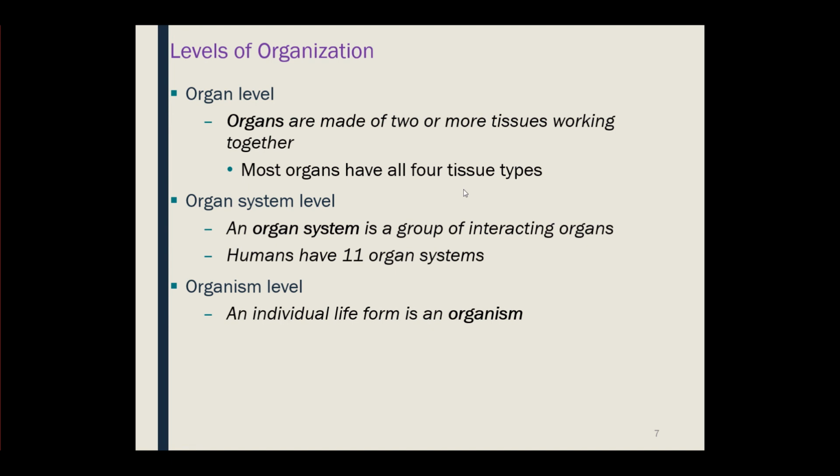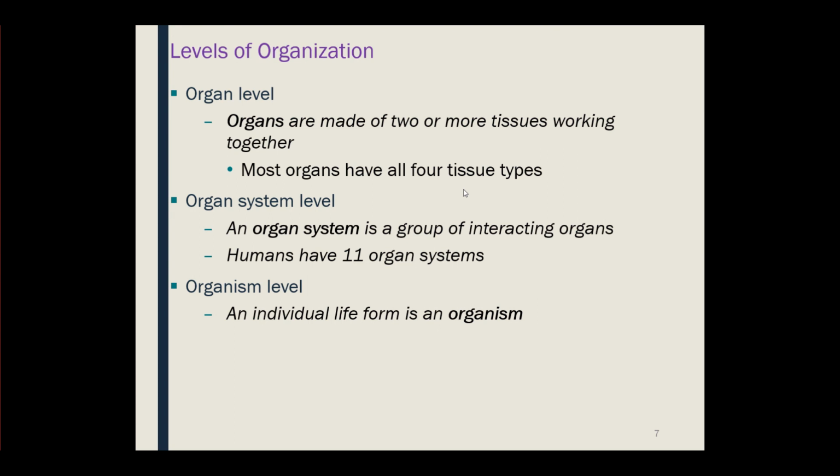It's a good idea to have an overview of the organ systems early on in your studies of anatomy, so that as instructors give different examples, you'll have at least an idea of some of the organs in the organ systems. And then as you go through your courses, you'll learn those organ systems in much more detail. So just as an example, the digestive system, right? That's one of the systems we know about for eating.